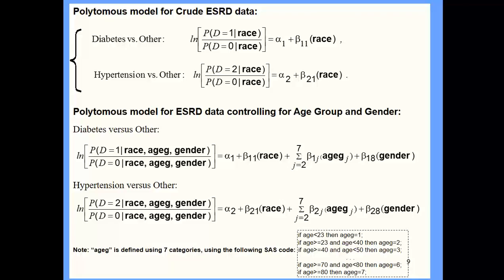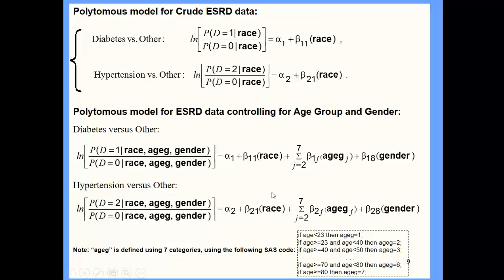Now, you notice that it's the crude, so what's not in here? The variables I mentioned to control for, like age at initiation and gender, aren't in this because I'm talking about the crude. If I wanted to consider age and gender, I'd add them to the model. That's what I did down at the bottom of the screen. You see age G. What does the G stand for? Age group, and it says from 2 to 7.